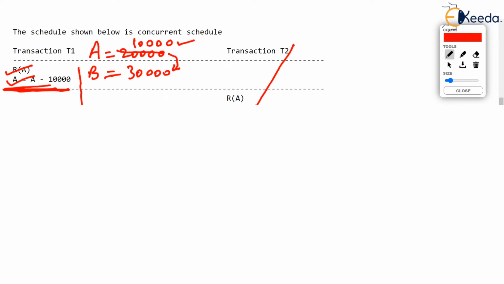In such a case, the transaction management system does a rollback. It will say, okay, the transaction has not finished entirely, so let me bring this database into the previous state in which it was. Whatever changes have been made will be cancelled. That's rollback. So A will be restored back to 20,000.